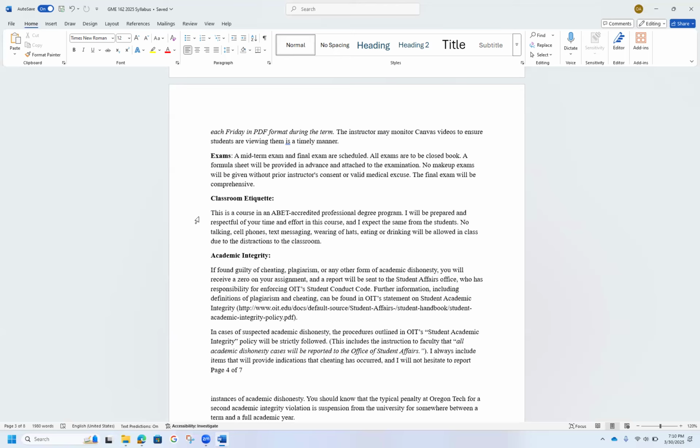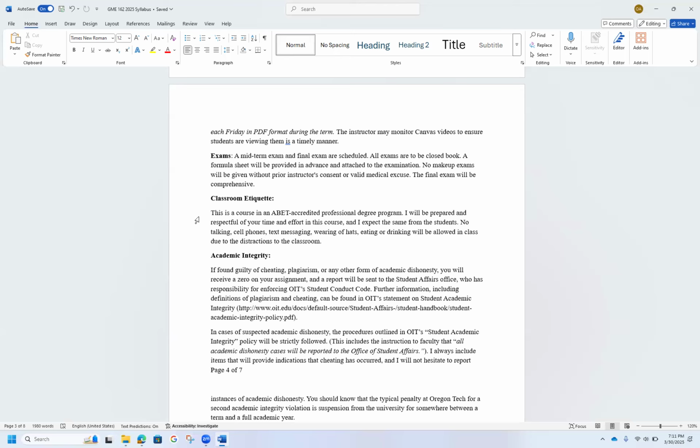The FS and the PS are completely closed book, and you have to understand the formulas, how to get to those formulas, how to use your calculator very well, and how to manage your time during the test. So this is one of the reasons why we're making it a closed book exam and just giving you formula sheets.